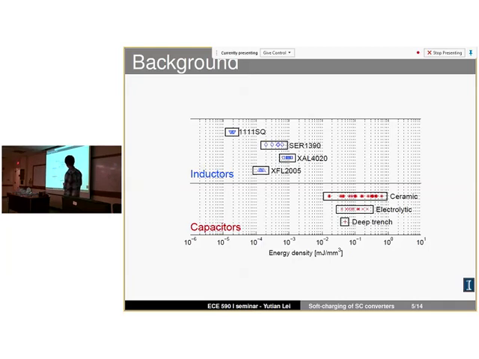These are different types of capacitors and different types of inductors, and the values are taken from commercial surface mount components. You can see there are at least two or three orders of magnitude difference. Which means that if a converter is able to use capacitors as the energy storage element, it will have a distinctive size advantage compared to a converter that uses inductors.